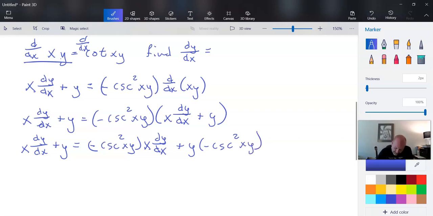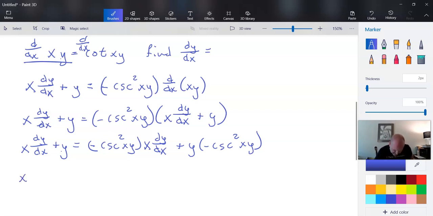Okay, now this is the term, this dy dx, this is the term I need to get over onto the other side. So I'm going to swap the terms around. So I'm going to add this cosecant squared xy times x dy dx to the other side here. And I'm going to subtract the y over.